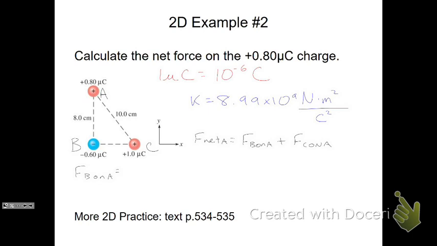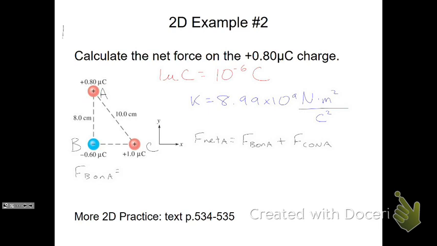You have to do an X and a Y part. Exactly. So when we do the force of C on A, we're going to have to break that into horizontal and vertical components. But for the force of B on A, this is just vertical, right? So I'm going to start with that one.